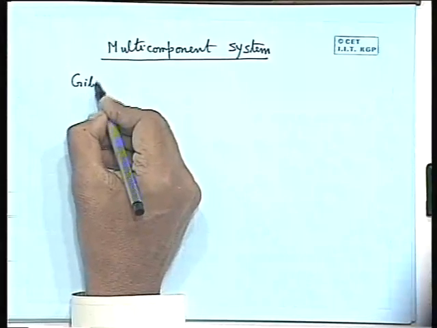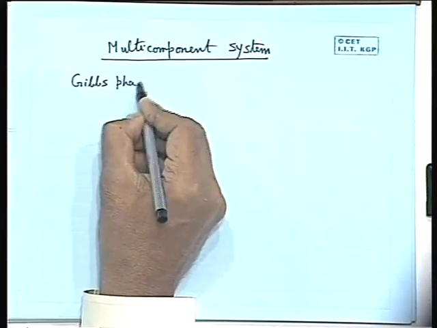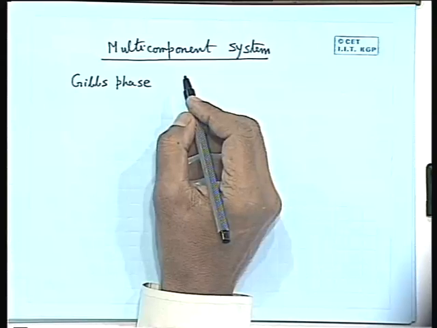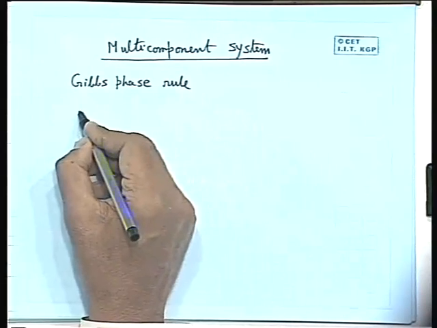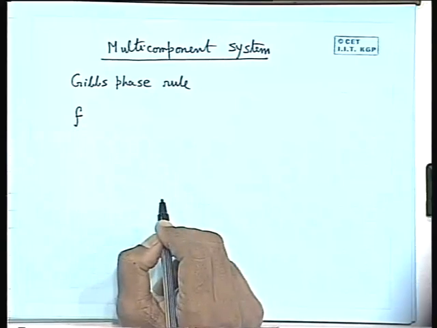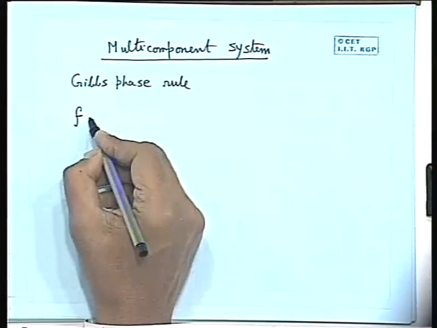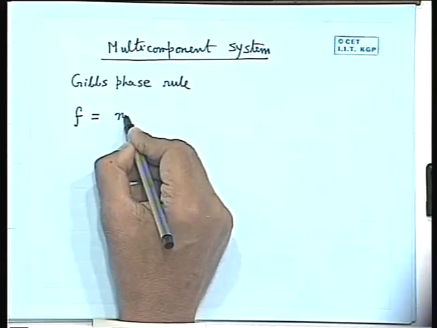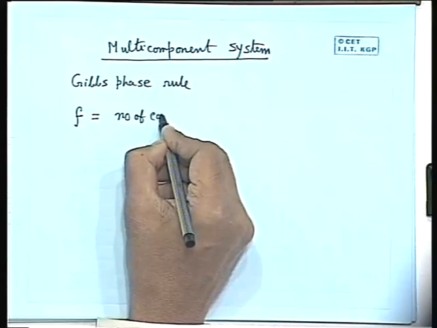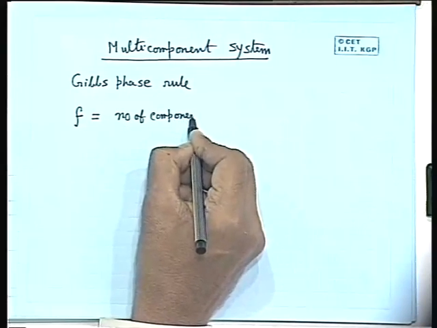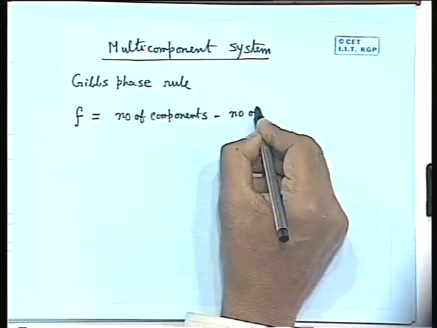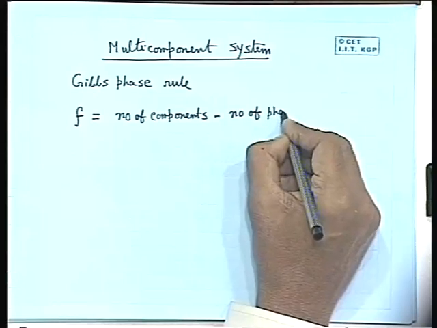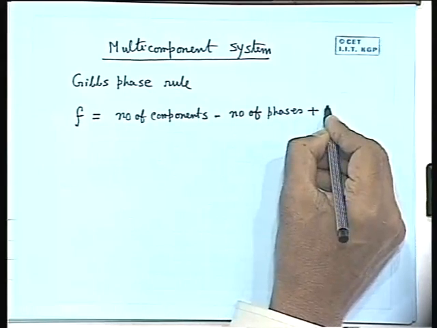The rule is like this. The Gibbs phase rule gives the number of independent variables or properties to fix the equilibrium state of a system. F is the number of independent properties: F is equal to the number of components of a system, minus the number of phases, plus 2.